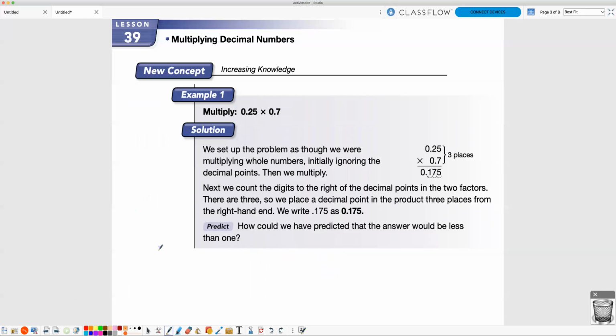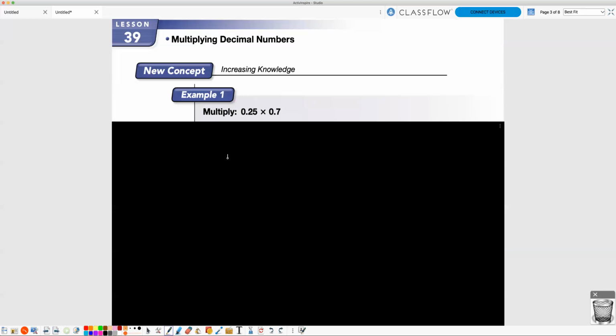Let's try another example here. Example 1, multiply 25 hundredths times 7/10. So this is what I would do. You could do two things actually. If you want to do it like this, 25 hundredths, you have to know how to say this fraction properly, times 7/10. You have to know how to say it to know what it looks like as a fraction. In this case, I know that the denominator is going to be 1,000 because there's 1, 2, 3 zeros in it.